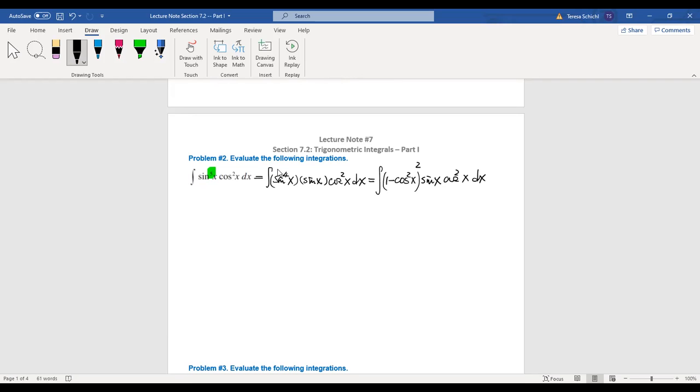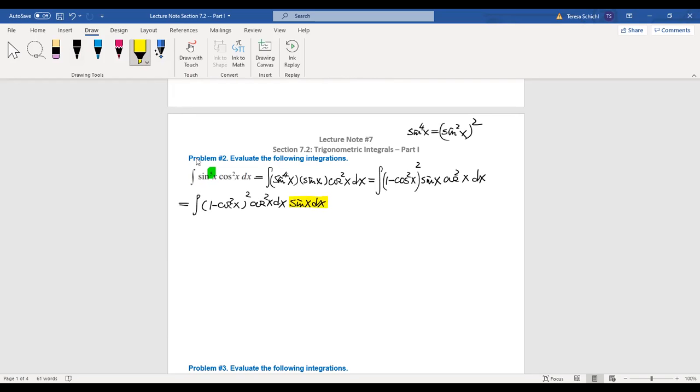It's the same thing, because sine to the 4th power x is equal to sine square x, the whole thing squared. Then sine square x is 1 minus cosine square x by the Pythagorean identity for the trig functions, right? Okay, so now let's rearrange this a little bit. So here, this is 1 minus cosine square x, squared, then cosine square x dx, then sine x dx. You see here, I have this one separated out.